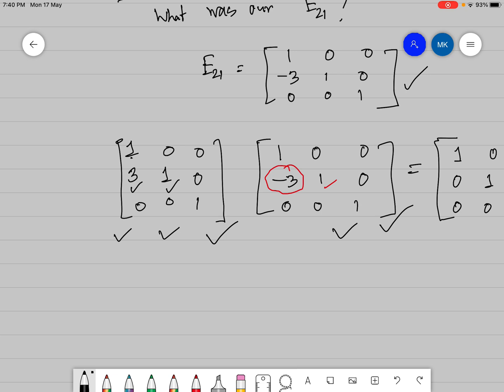So if any matrix undoes the operation of another matrix, so let's say there is a matrix A that does some linear transformation on any space.